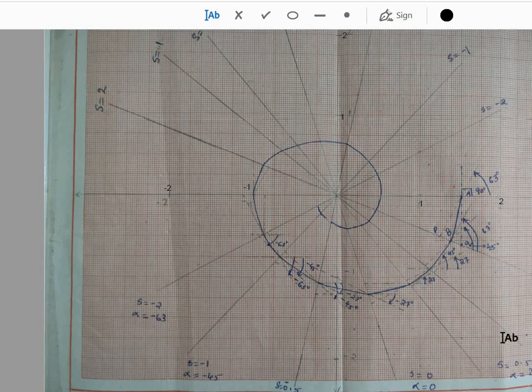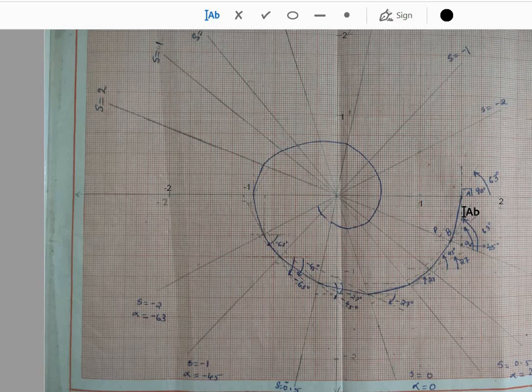While drawing the isoplanes, you have to remember one thing: when you draw these isoplanes, there must be some minimal distance and not more distance, because we are drawing the phase trajectories depending upon the isoplanes. If the isoplanes are too close, it will be difficult for you to draw, and if isoplanes are too distant, the phase trajectory plot will not be accurate.